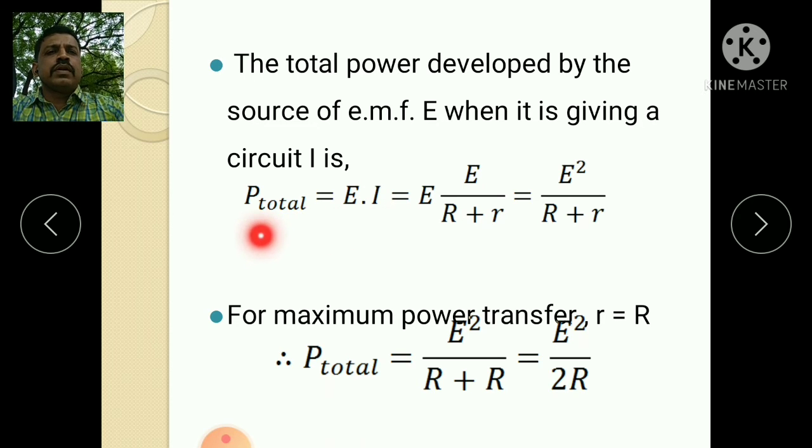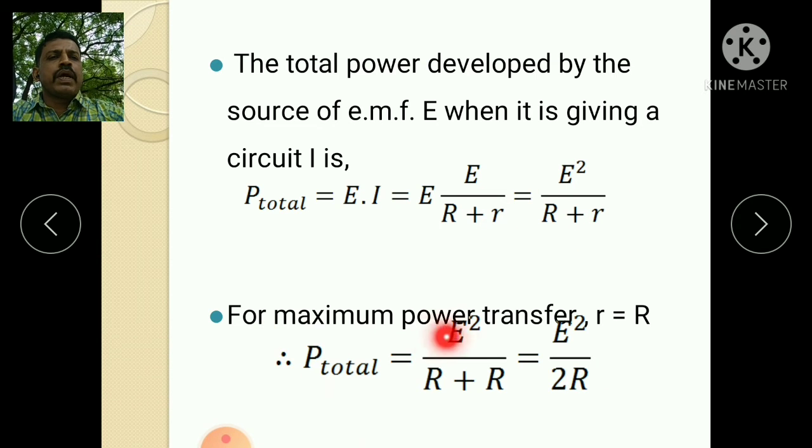Putting the value of I, which is E upon R plus r, we get E into E, that is E square upon R plus r. For maximum power transfer, again r equals R. Therefore the total power P total is E square upon 2R.